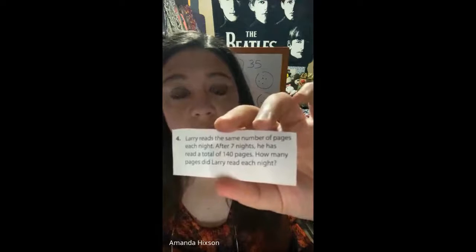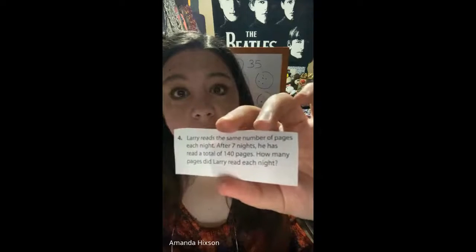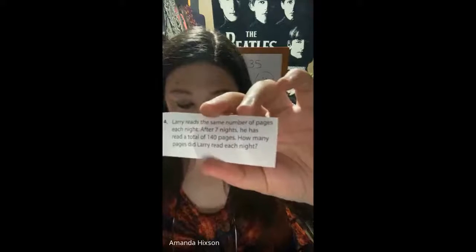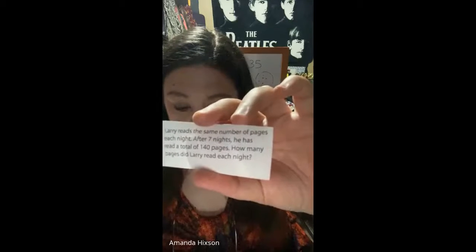And make your choice as to whether you think it's multiplication, division, subtraction, or addition. It's 140 pages altogether, and it's 7 nights, and we want to know how many pages he read each night. What do you think it is? Division.